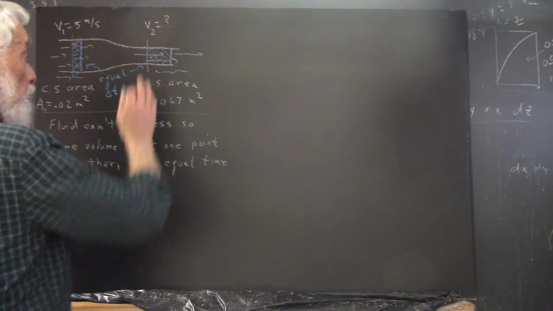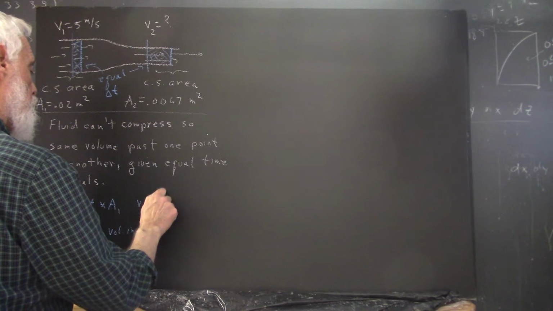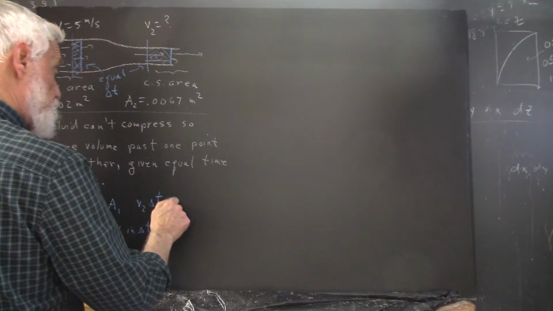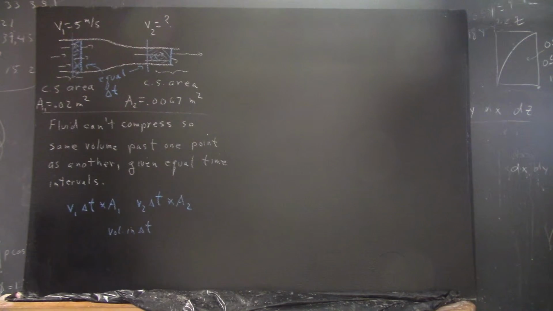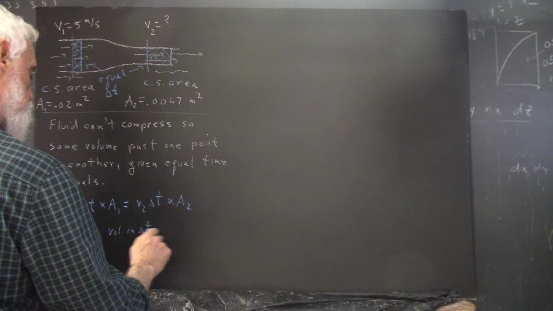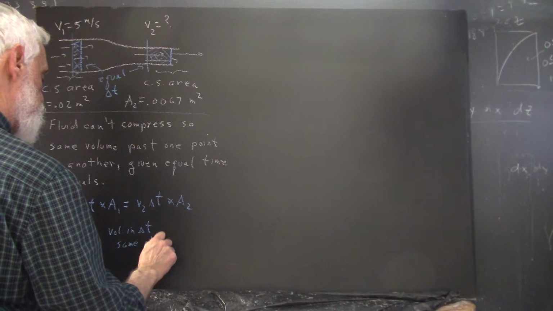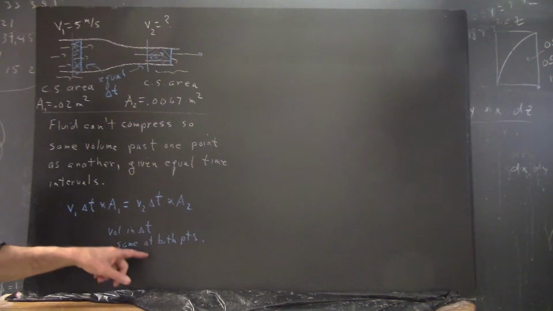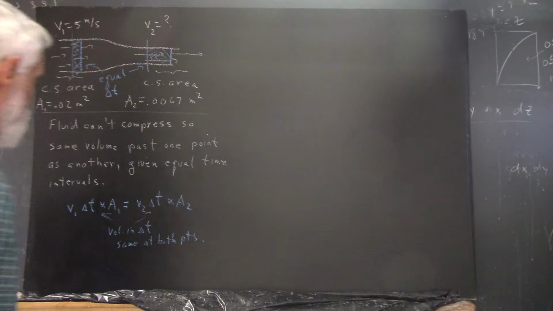Now, in the other part, we have V2 delta t multiplied by the cross-sectional area A2. And we'll say the volume in delta t is the same at both points, which gives us the equality.